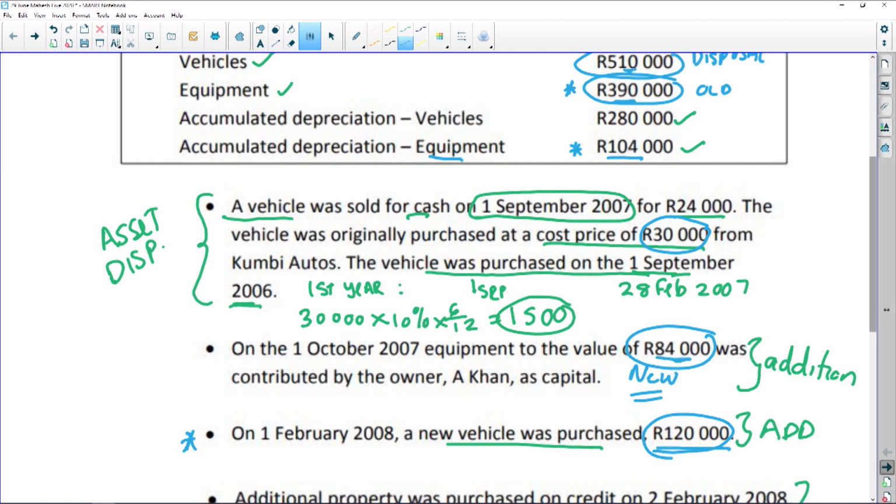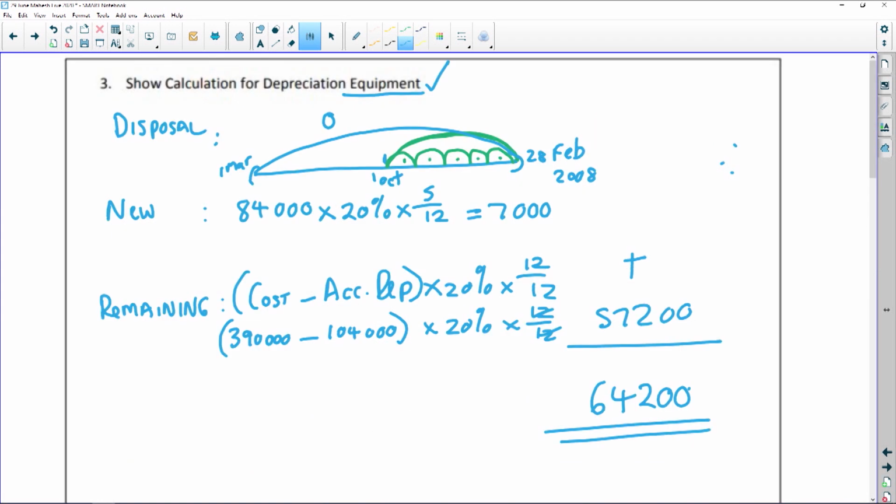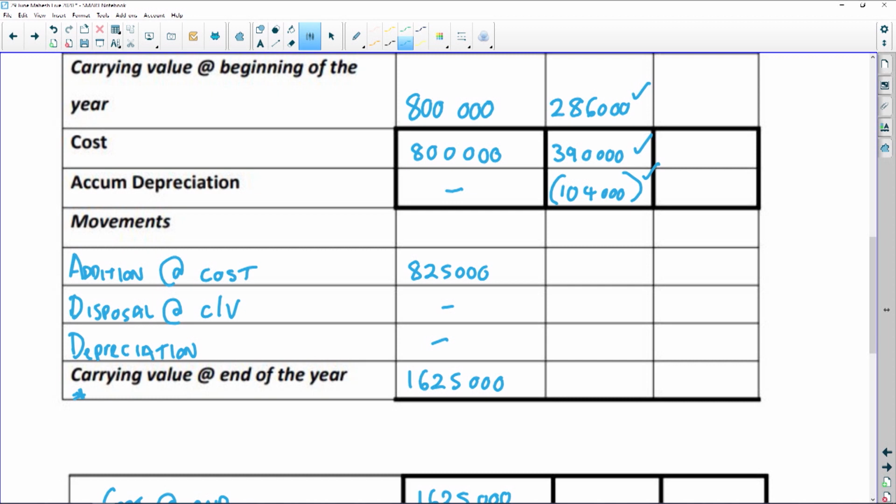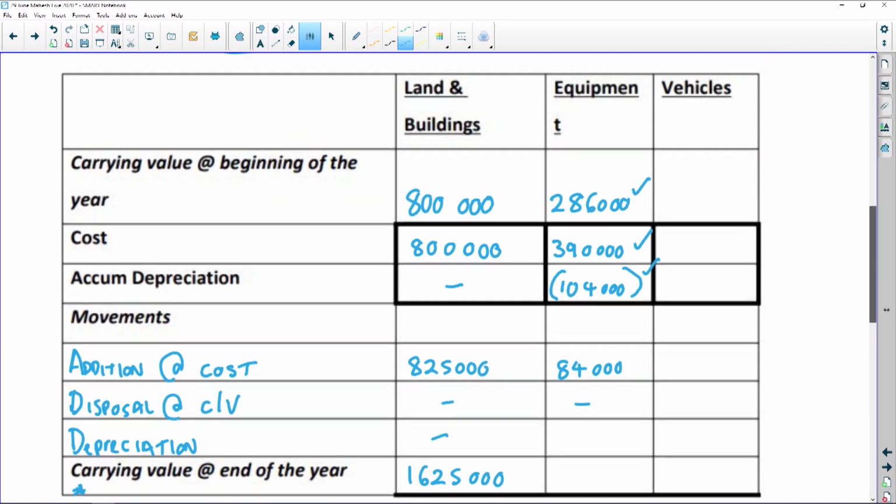So we're simply taking that through. 84,000 is my addition at cost. Remember we didn't come across any disposal, so obviously disposal is 0. Depreciation, we did write off depreciation and we did the calculations earlier on.